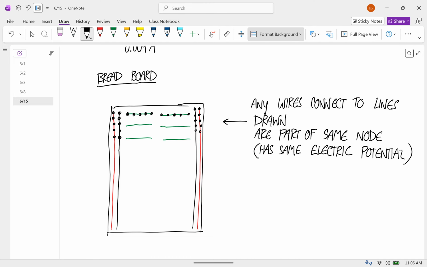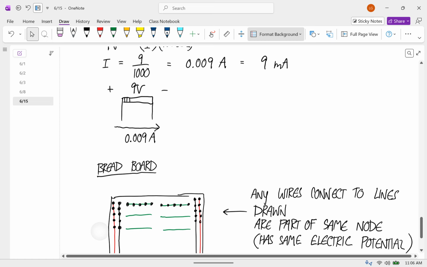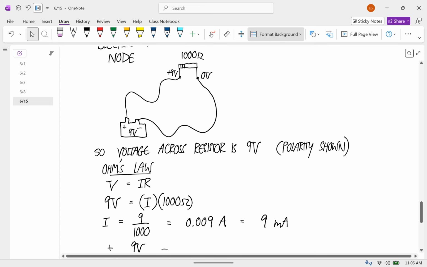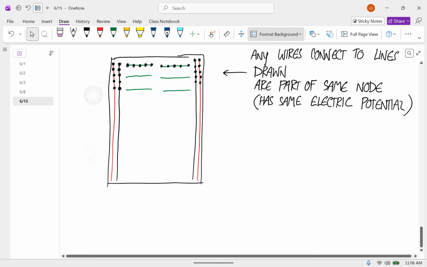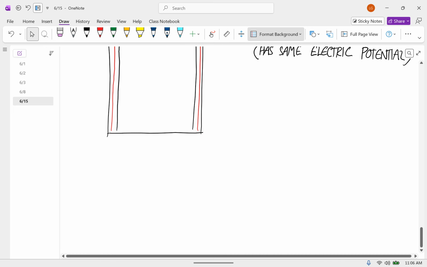Okay, so if I wanted to make this circuit that I've drawn here using a breadboard, I could do something like this.